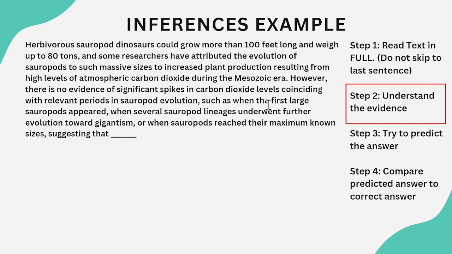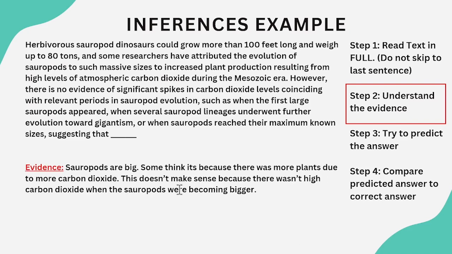So maybe that's wrong. So then it gives an example, such as when the first large sauropods appeared, when several sauropod lineages underwent further evolution toward gigantism, or when sauropods reached their maximum size. So essentially it's saying some researchers think that carbon dioxide made there more plants for sauropods to eat, but then people say, no, there's not higher carbon dioxide when they were getting big, so it seems that's wrong.